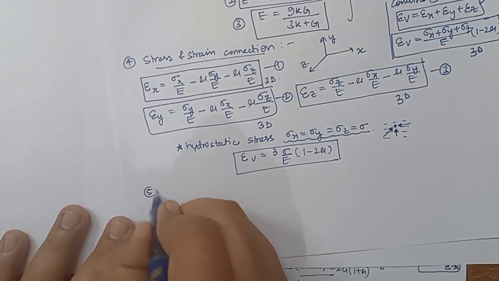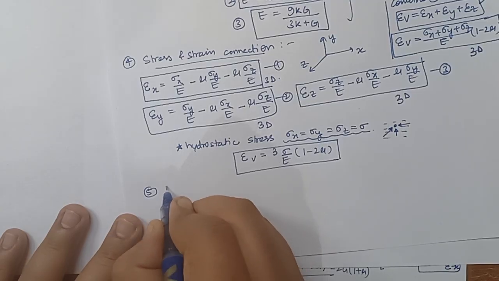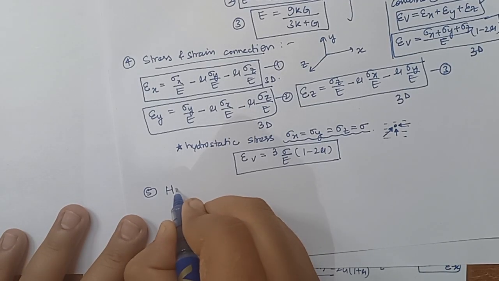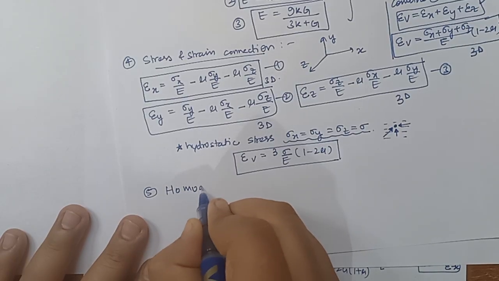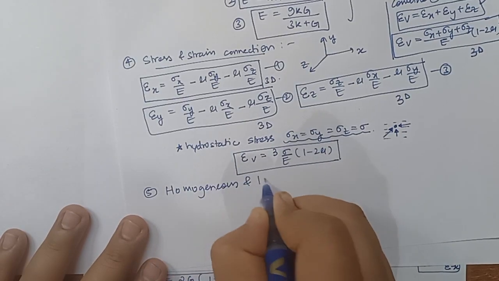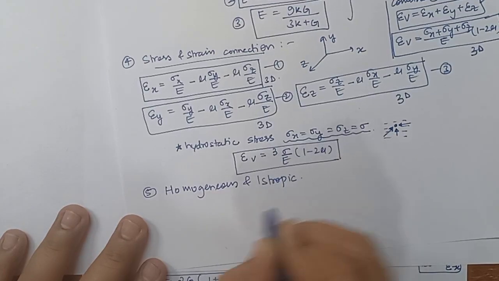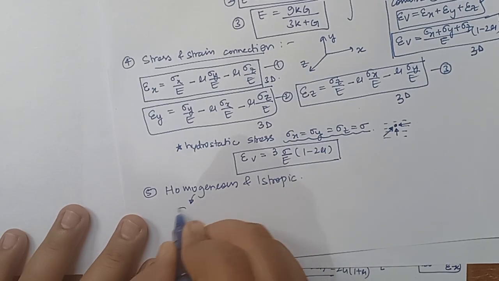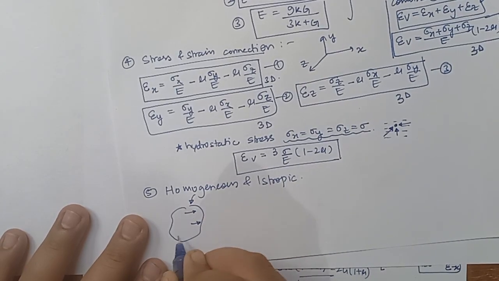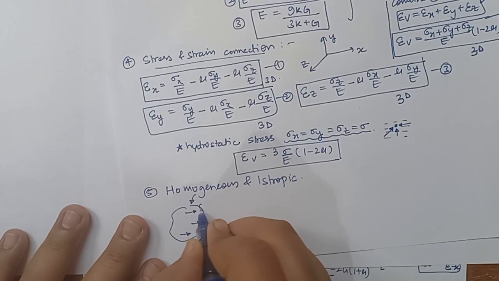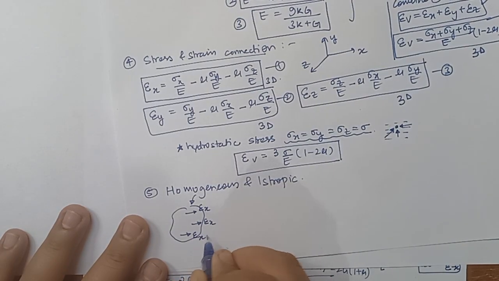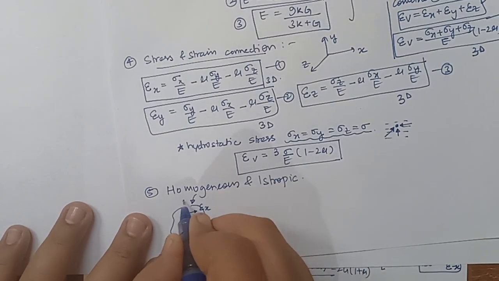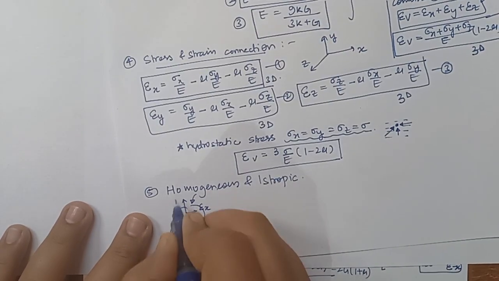Now, the fifth point. One small topic is what is homogeneous and isotropic. See, homogeneous means if I am having a body, in a particular direction the property of the material remains the same, and if I change the direction, the property will be the same in that direction also.